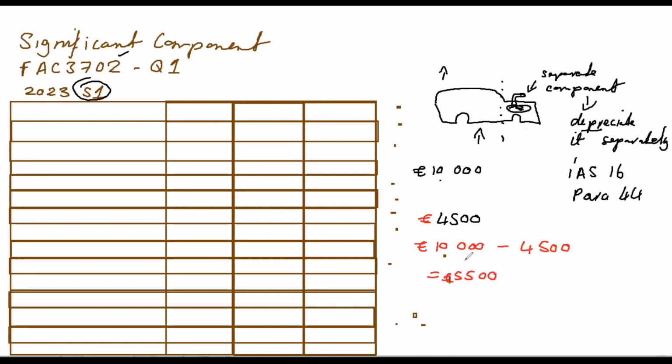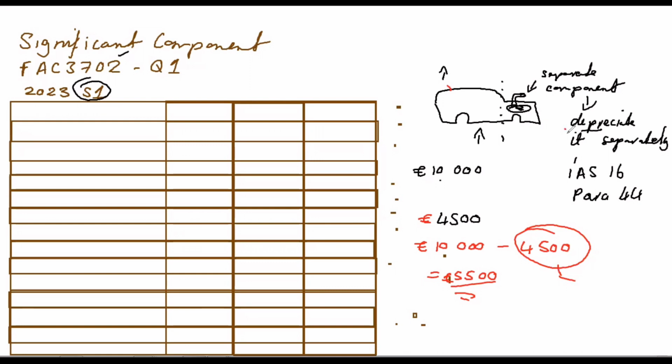So that means when you're now depreciating, you're going to depreciate the car on its own, separately. And depreciate the engine on its own separately. They will give you the information that is enough to depreciate the engine. Okay.